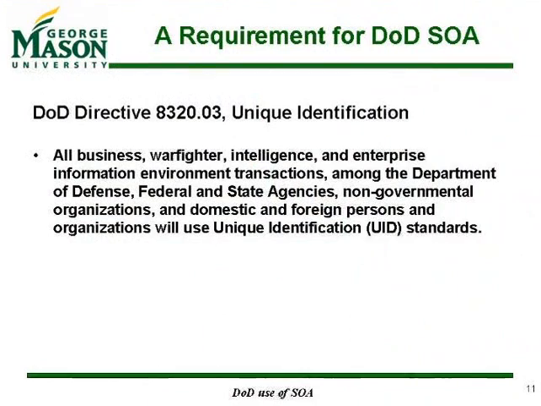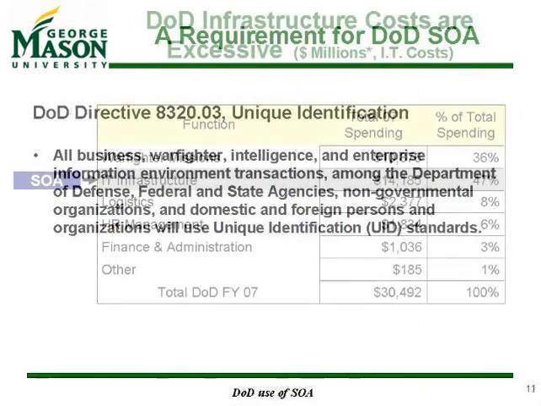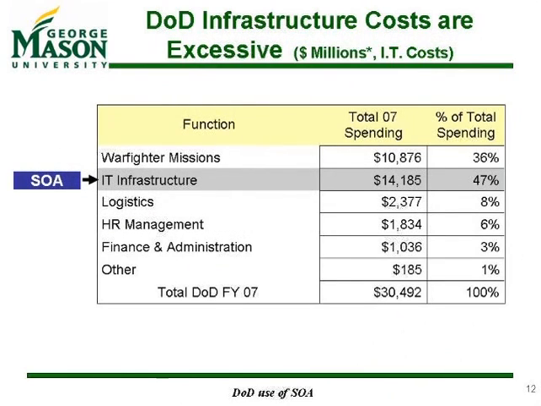And this is the second requirement for SOA, UID, or whatever variant ultimately will come through. Again, our presence of UIDs right now is very sparse.